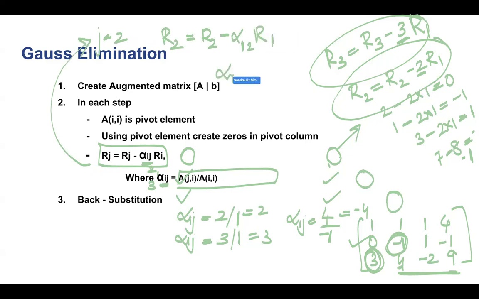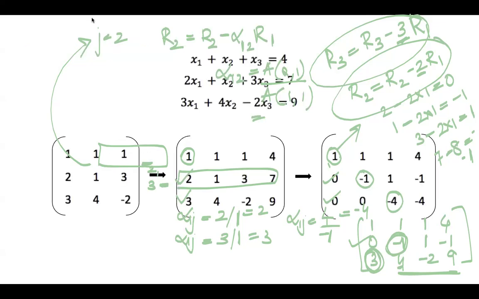What is alpha_12? That is A21 divided by A11. What is A21? That is this value, 2. Divided by A11, that is this value, 1. So that is equal to 2. That is how you got this value here.